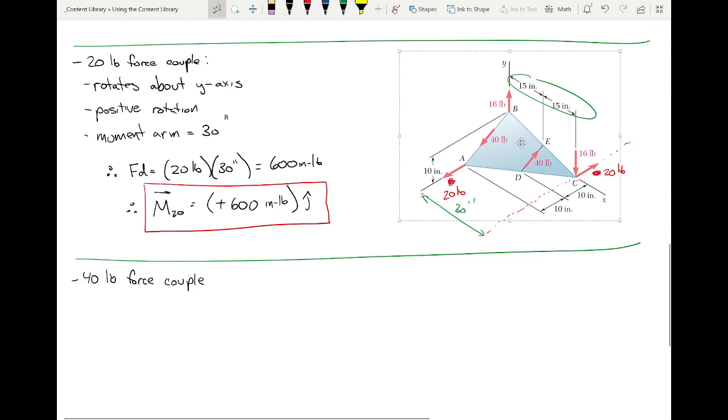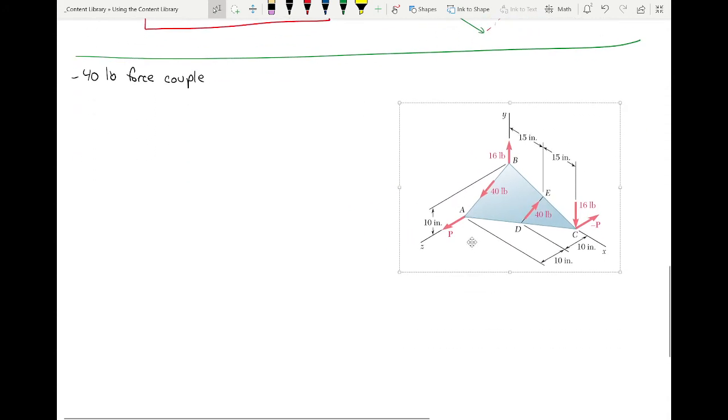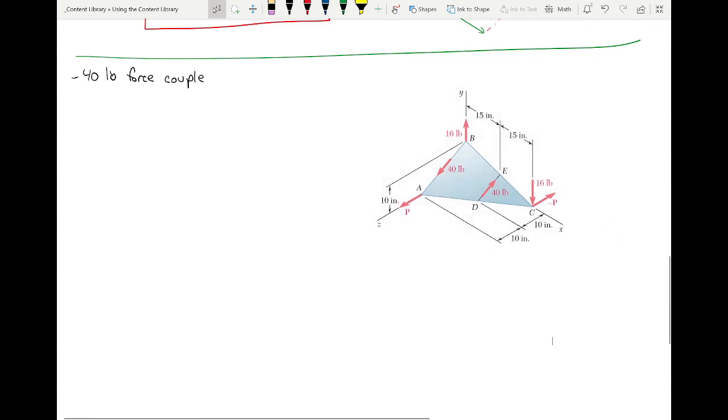So I'm going to copy this image one more time, again, so I don't keep having to scroll. What we're going to do for the 40-pound force couple is, again, pick one point to be on the line of action of one of those forces. I'm going to pick this point right here, okay?